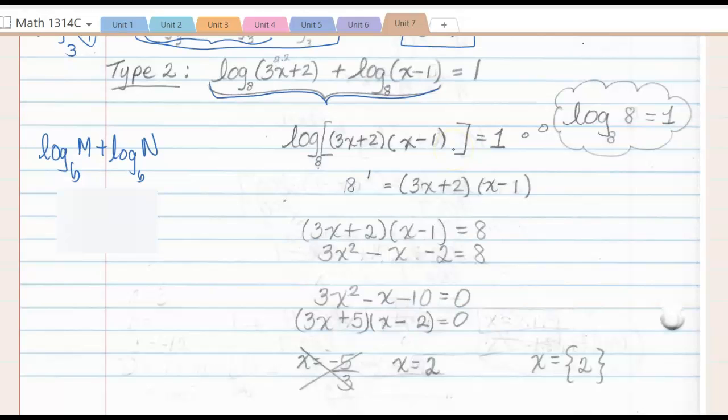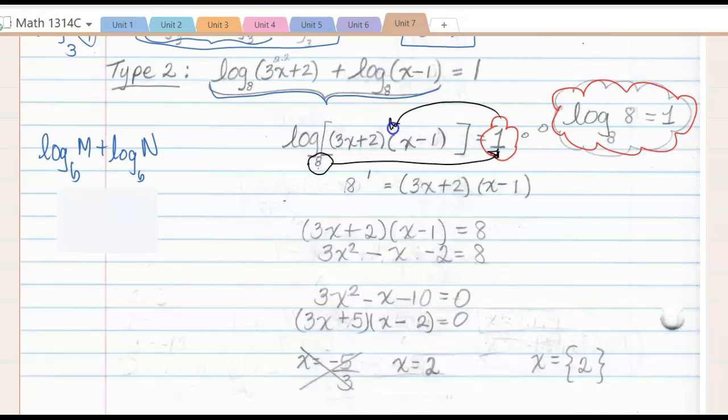Since we don't have the log on both sides, we have to either rewrite the 1 as a log base 8 of 8, or we can rewrite our log problem as an exponential problem. In other words, we know this base of 8 to this exponent of 1 must equal the argument inside. So that's how I have 8 to the 1 power is equal to 3x plus 2 times x minus 1.